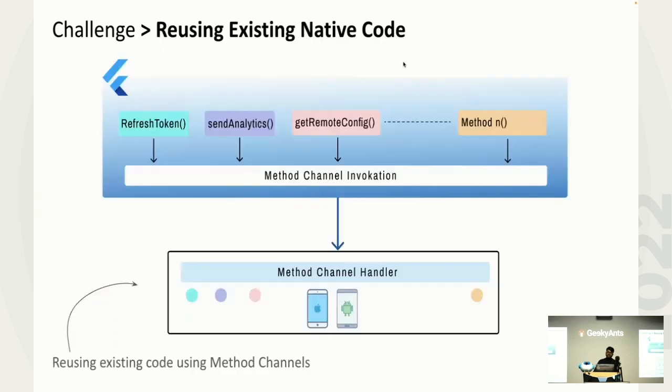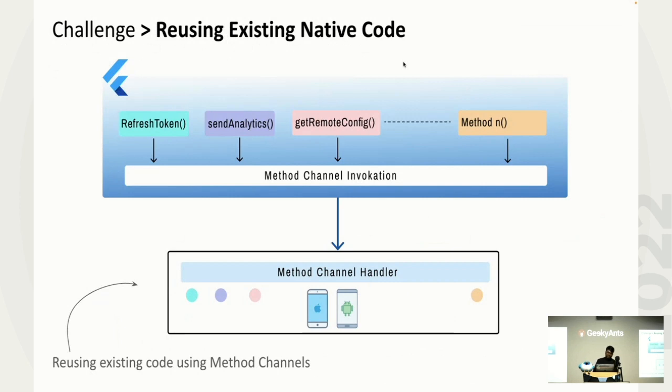Next is reusing existing code. You may have written a lot of code like getting refresh token, sending analytics, getting remote config, and anything else. But when you are trying to build a feature in Flutter, you will want those things in Flutter also. You do not want to write everything again, integrate Firebase analytics again, or refresh token logic.